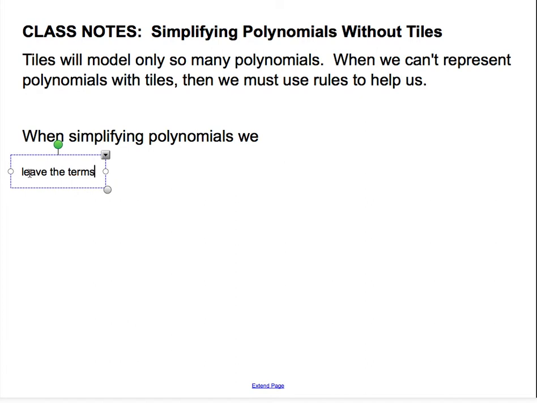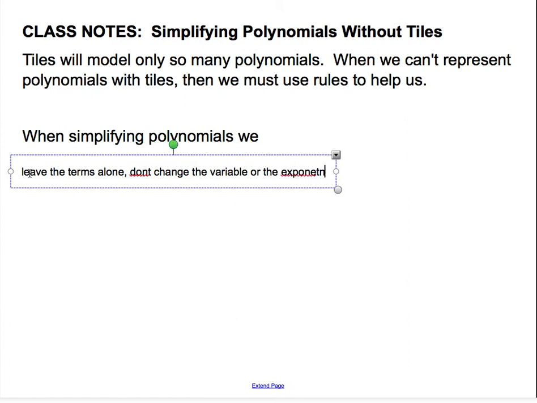the terms alone. So we don't change the variable or the exponent. So we keep the terms alone.